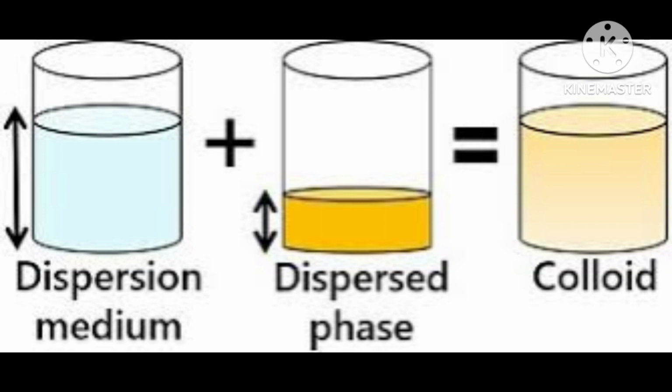Then solid plus solid means dispersed phase is solid, dispersion medium is solid. Dispersion medium you can consider like a solvent, maybe ethanol, methanol, water, correct? That is called dispersion medium in which you are dissolving. Solid plus solid is the first system, called solid sol.